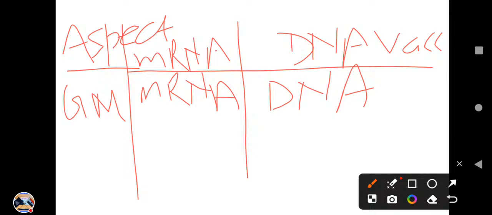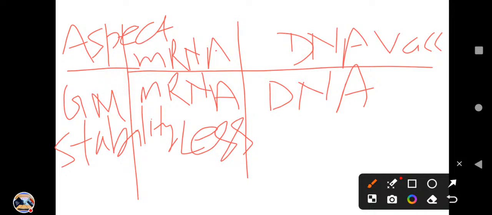Okay, next you can write stability. Messenger RNA is relatively fragile and needs lipid protection to remain stable, that is, it is very less stable.